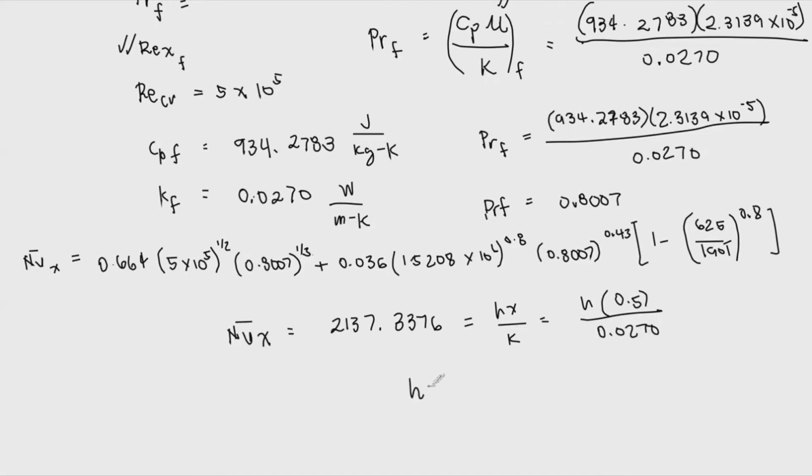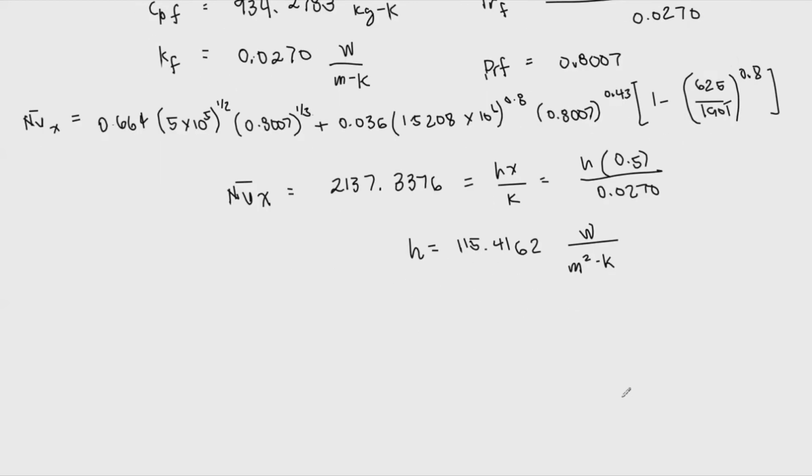So with that, the value of our h, or the convective heat transfer coefficient for the oxygen past this square plate, would be 115.4162, and the unit will be watts per meter squared Kelvin.